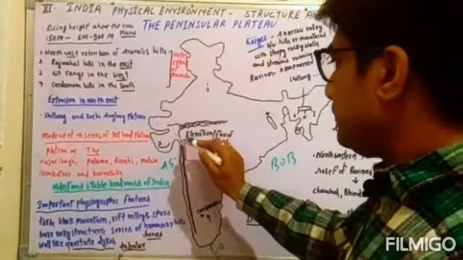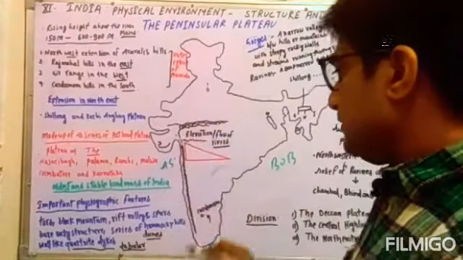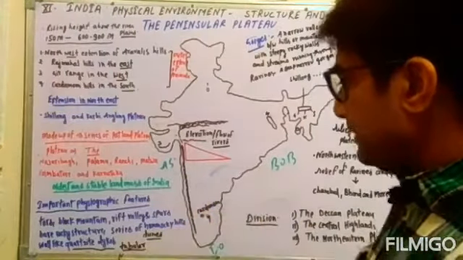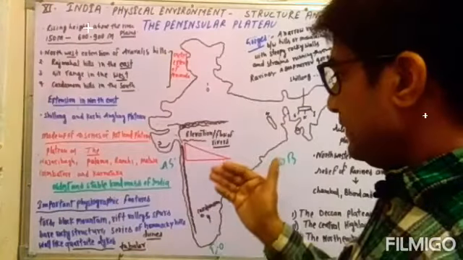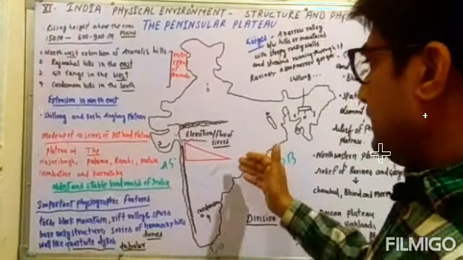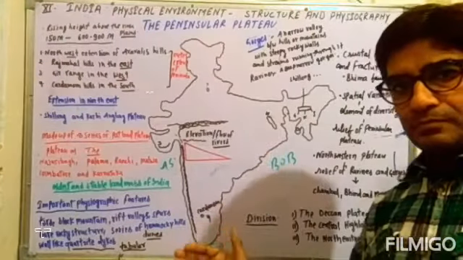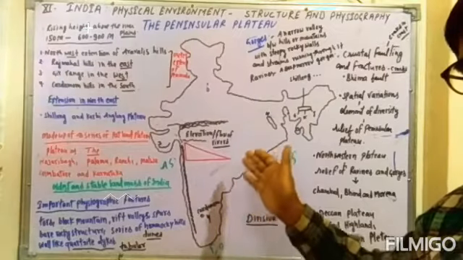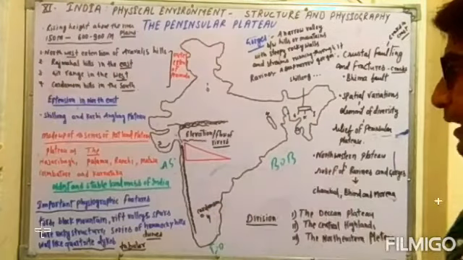You have seen many rivers moving across the Western Ghats into the Arabian Sea, but the number is small, and some rivers move into the Bay of Bengal. A lot of rivers move into the Bay of Bengal.